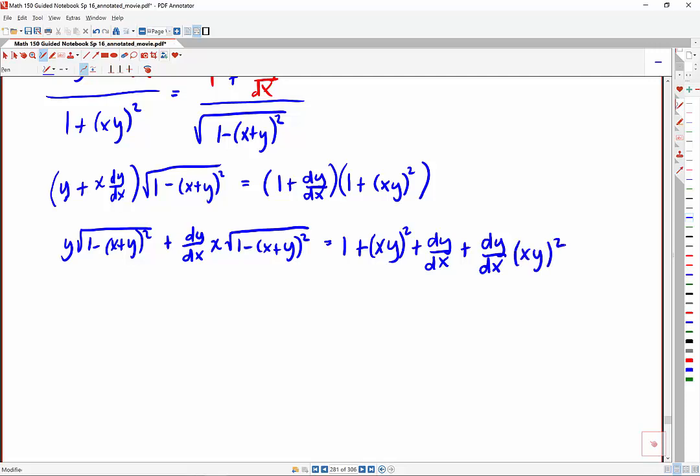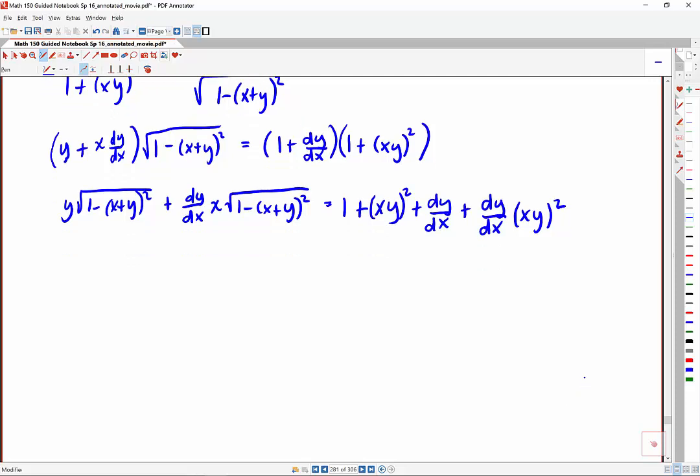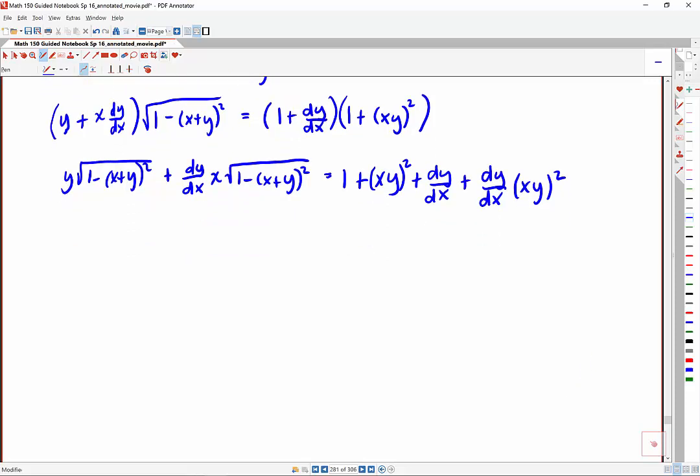Okay, so moving right along, let's get the dy/dx's on the same side. We've got more of the dy/dx's on the right side, so I'll get the terms without dy/dx on the left and with dy/dx on the right.